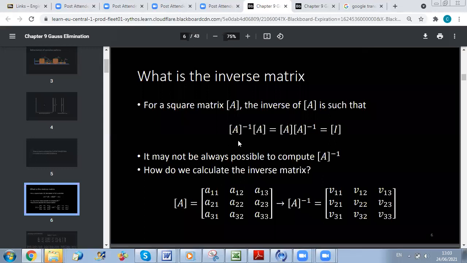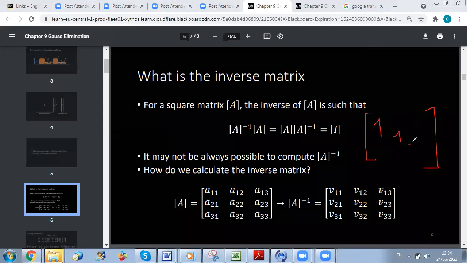And by identity matrix, we mean the matrix with 0 elements everywhere and 1 on the diagonal. So if we are talking about a 3 by 3 matrix, this is the identity matrix: 1, 0, 0, 0, 1, 0, and 0, 0, 1.